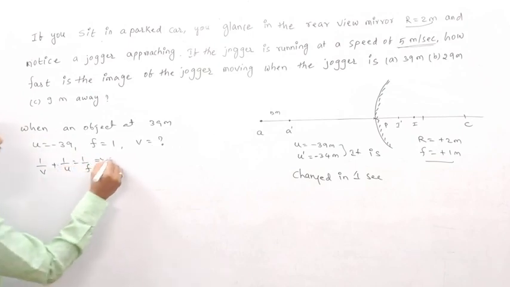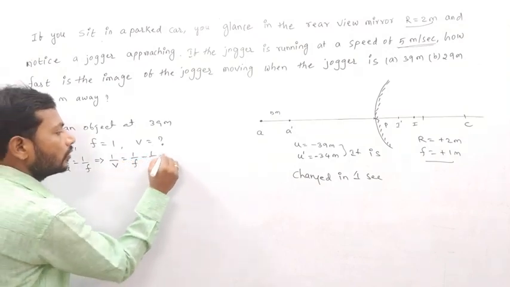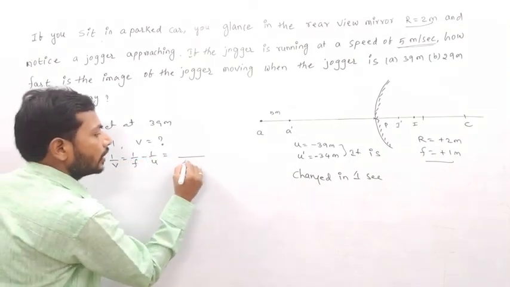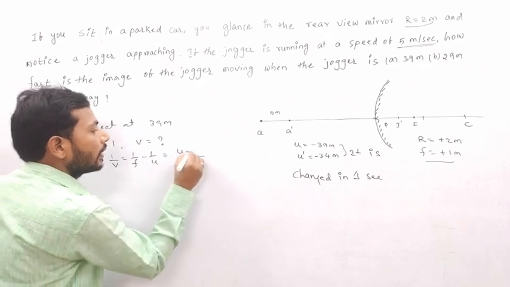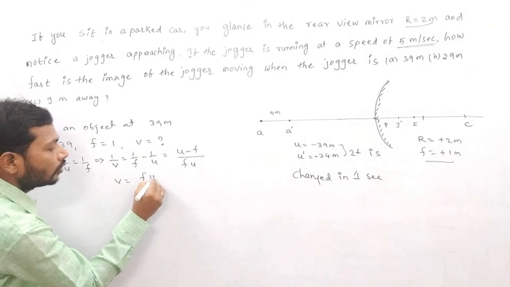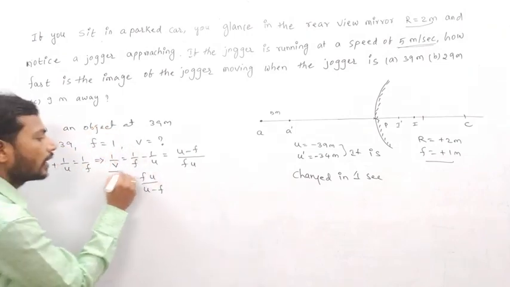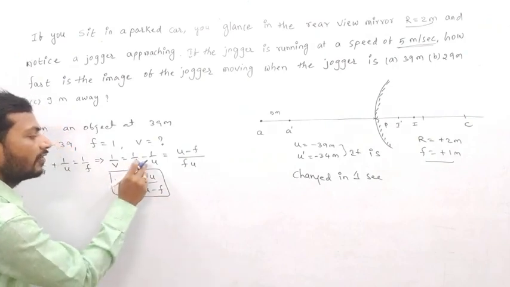Simply, 1 by v equals 1 by f minus 1 by u. If you take the LCM, you get v equals f into u by u minus f. This formula we got by simplifying.